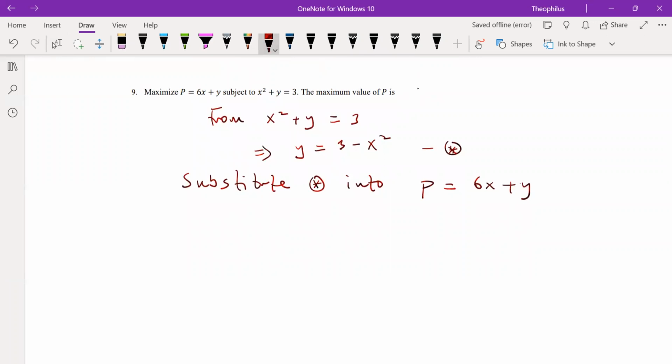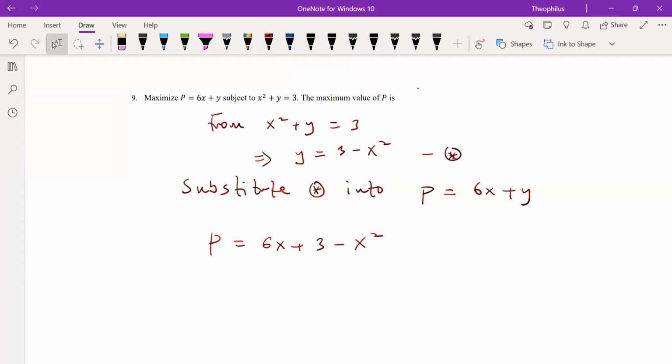Now, when we do the substitution, we are going to obtain 6x plus, wherever we see y in this problem, we are going to replace it by this quantity. So you're going to have 6x plus 3 minus x squared.